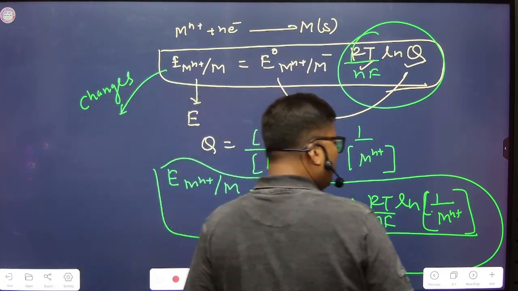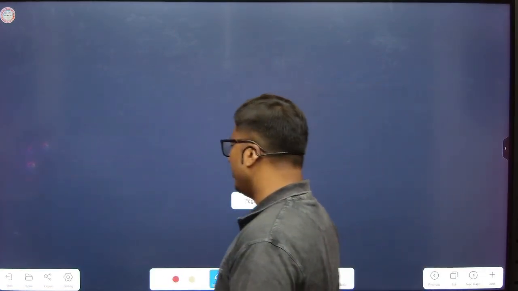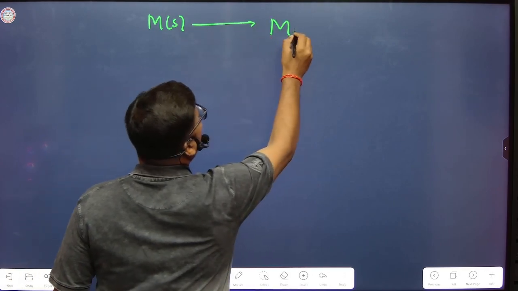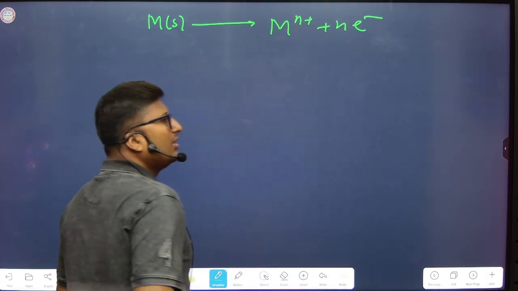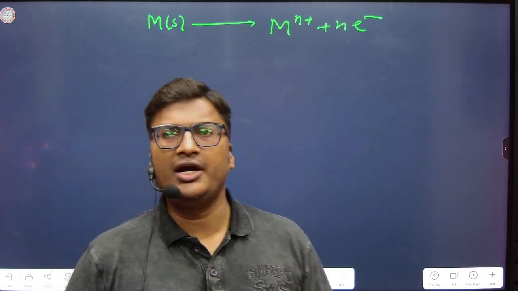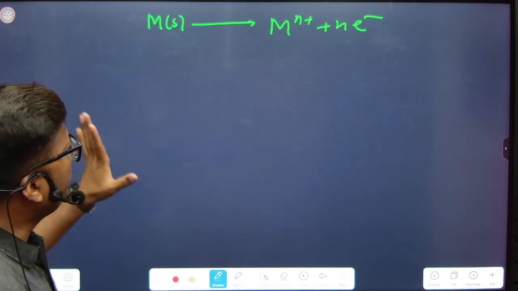Similarly, if there is a possibility that the metal can be oxidized, suppose M solid is getting converted to Mn plus plus n electrons. If there is oxidation between the electrode and electrolyte, then we have the oxidation potential.